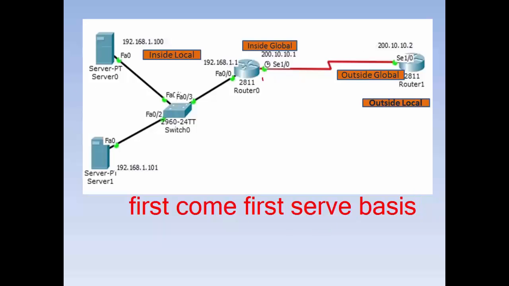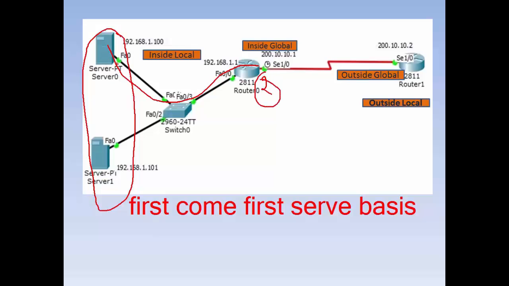Suppose I purchased 2 public IPs and I have 100 client machines that want to access the internet. First come, first serve: I have 2 IP addresses only. The first machine comes and gets one IP from the pool. The second machine sends a request and gets the second IP.